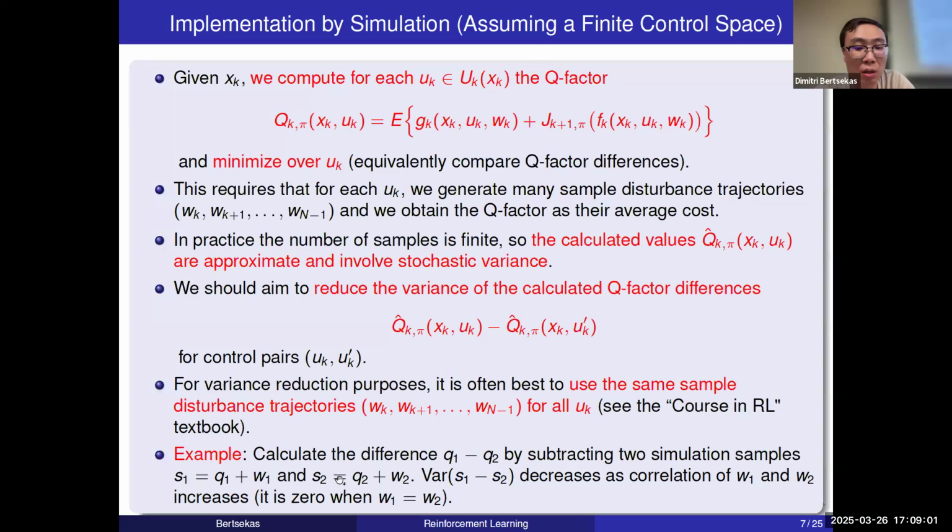And in terms of mathematical argument, there is a proof to show that by using the common random variable, the variance can be reduced.